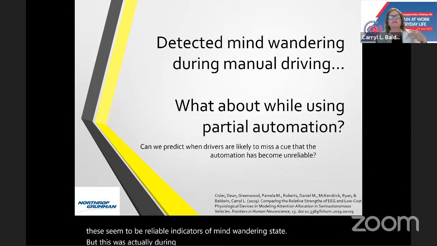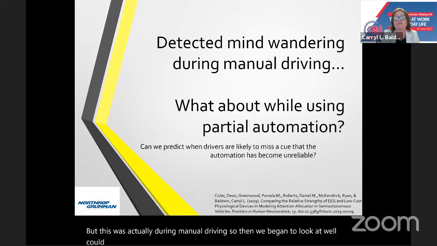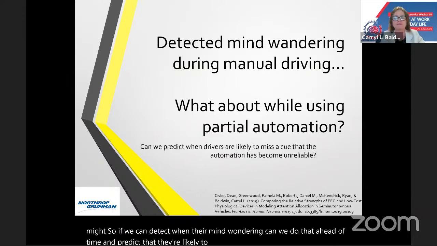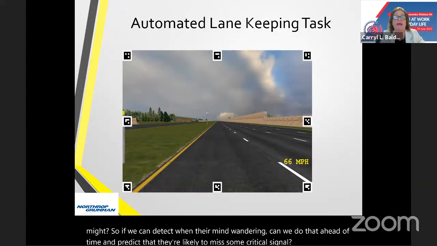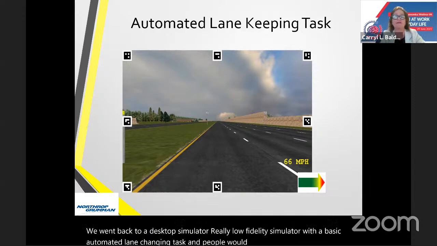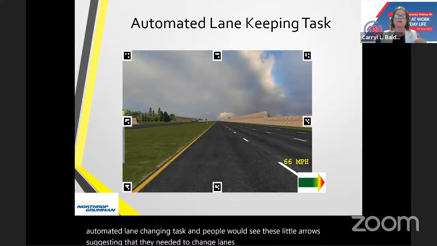So then we began to look at, could we do this using partial automation? If we can detect when they're mind wandering, can we do that ahead of time and predict that they're likely to miss some critical signal? We went back to a desktop simulator, a really low fidelity simulator with a basic automated lane changing task. People would see these little arrows suggesting that they needed to change lanes, but they're just monitoring the automation.